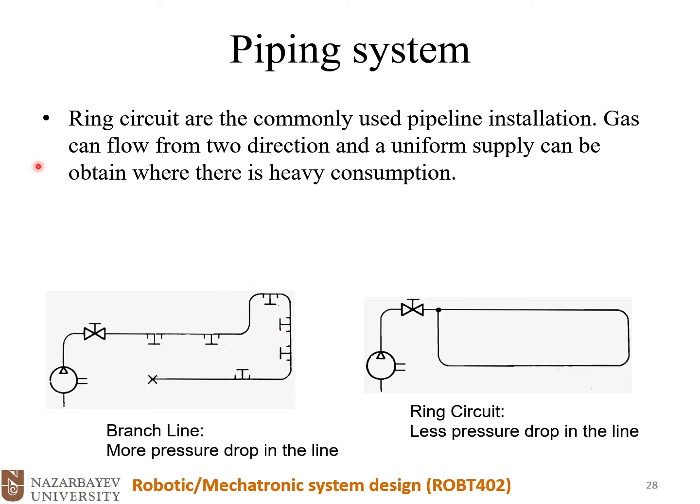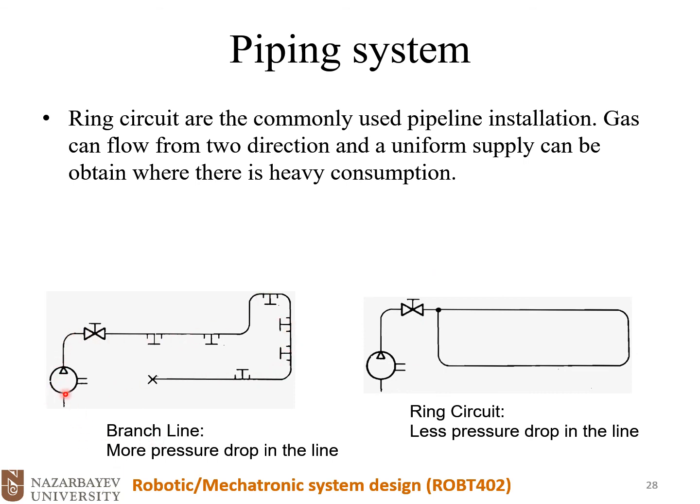Ring circuits are the commonly used pipeline installation. Gas can flow from two directions and a uniform supply can be obtained where there is heavy consumption. So we have a branch line.